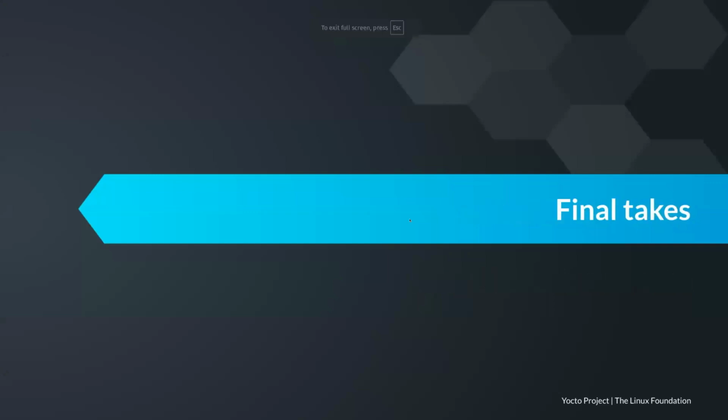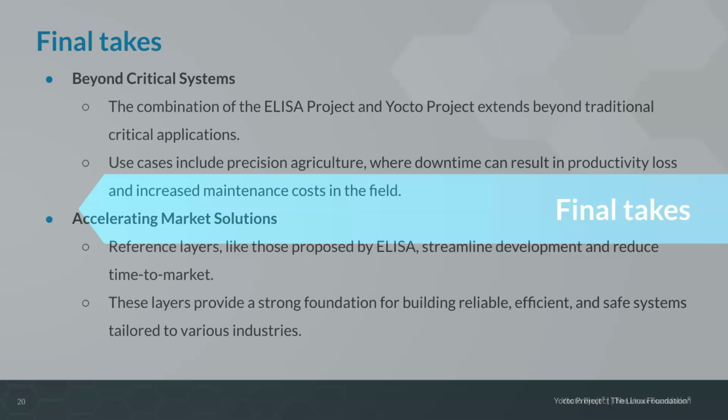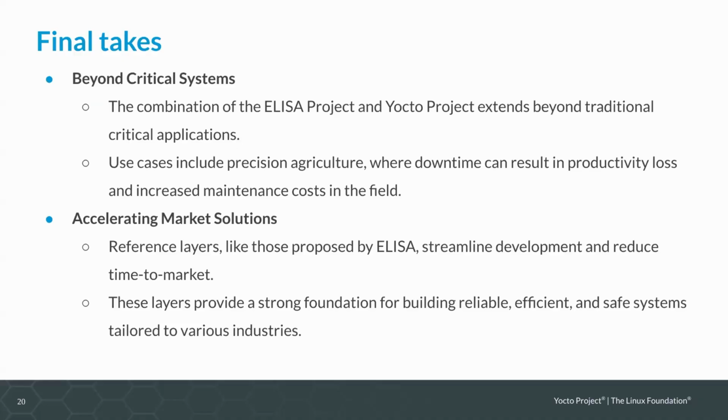And for now, some final takes about the demo and also about ELISA with Yocto, what we consider good things. I will start and I will ask Bruna to give her points too. One thing that we considered very interesting about ELISA and the standard they are proposing is that we can extend the use case to other applications.